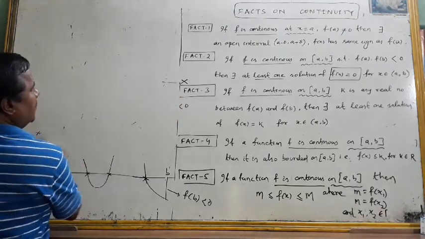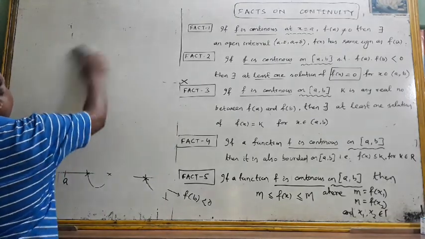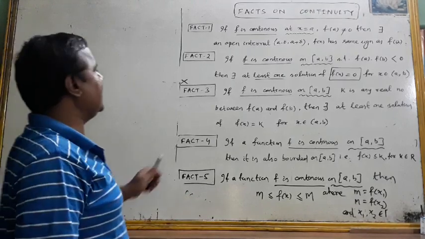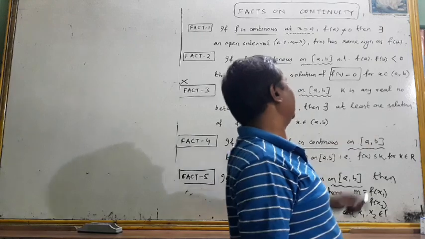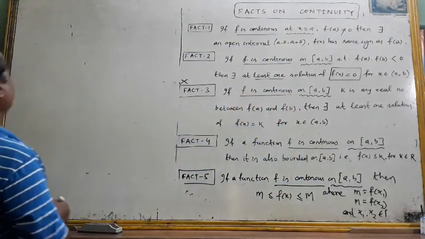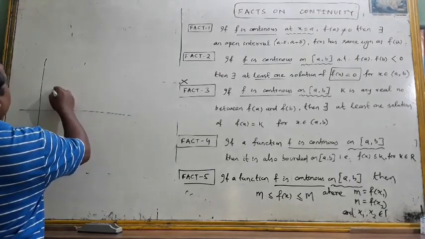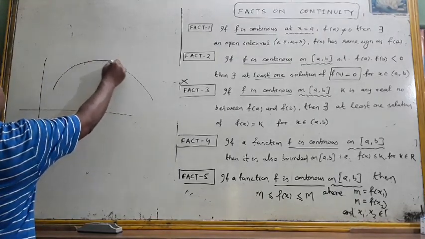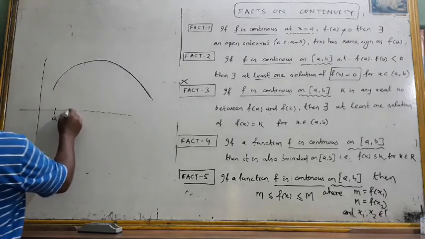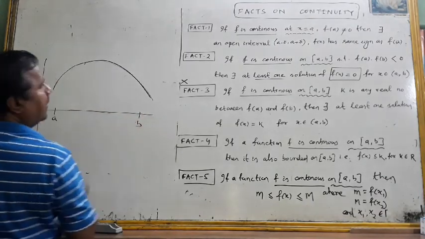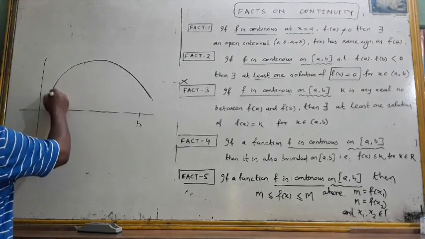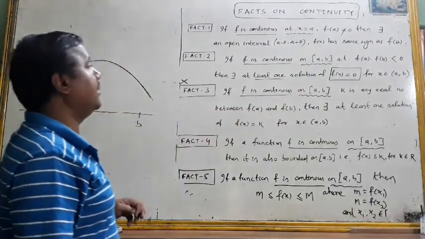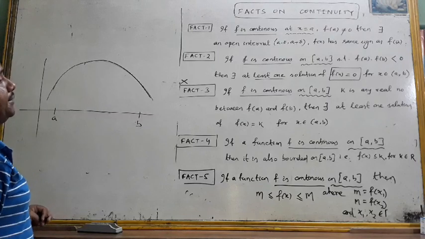Next, fact 3. What is fact 3? If f is continuous on [a, b] and k is any real number between f(a) and f(b), then there exists a solution of f(x) equal to k. Suppose this is the graph, the function, with this point a and this point b. The function is continuous on this interval [a, b]. k is any real number between f(a) and f(b).